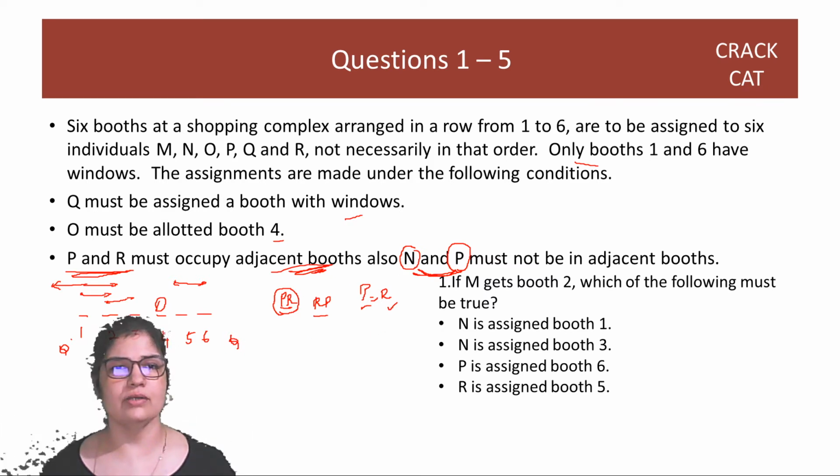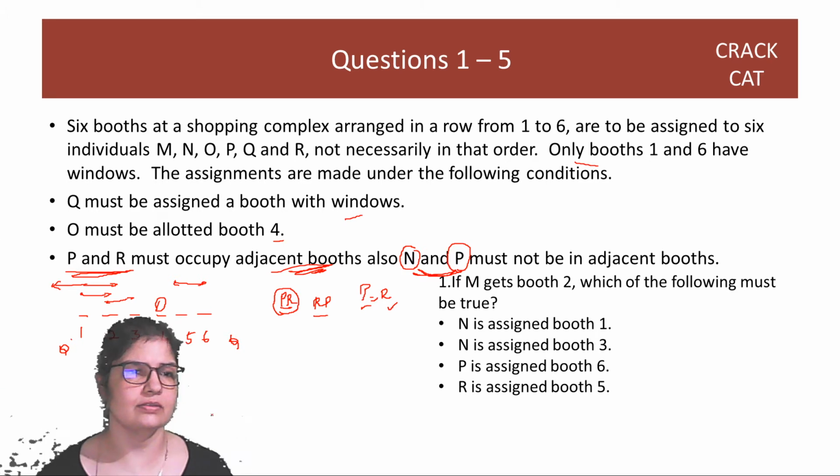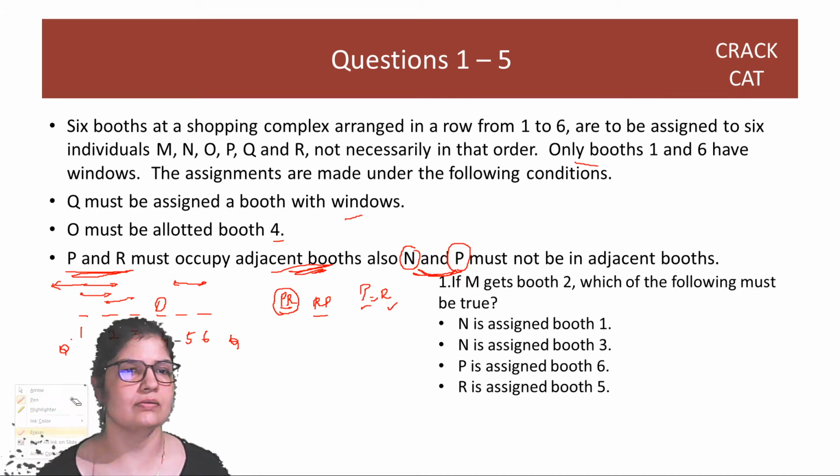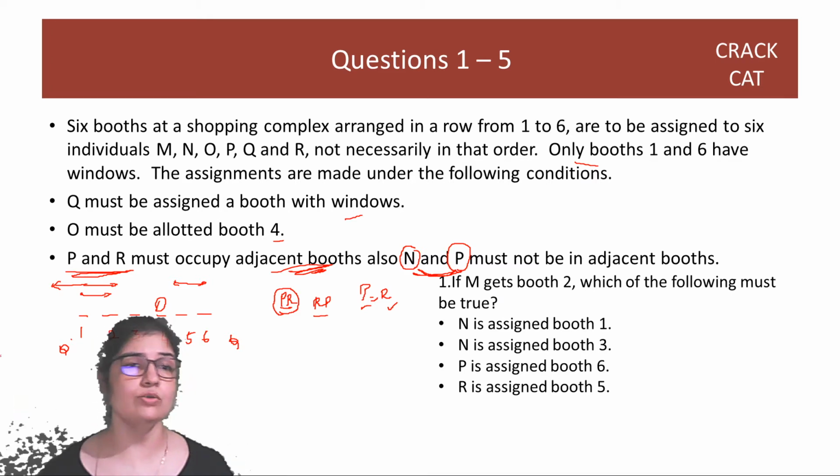M gets booth 2. So M is here in booth 2. I'll just erase a part of it. So M is in booth 2.